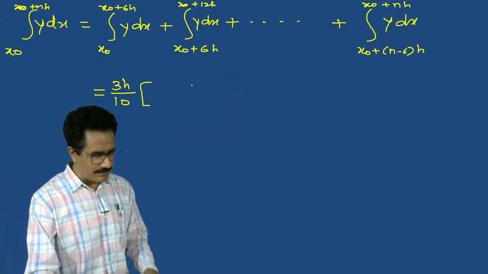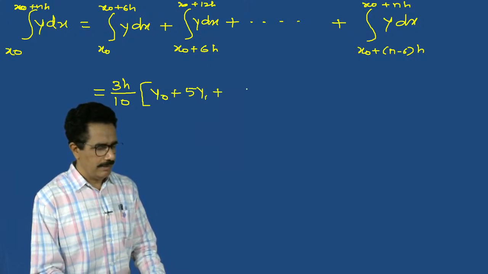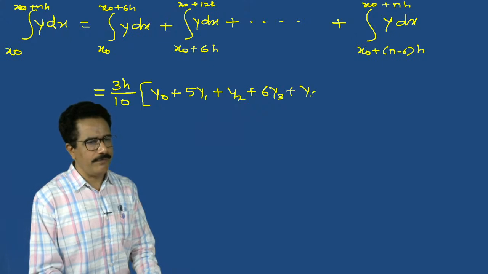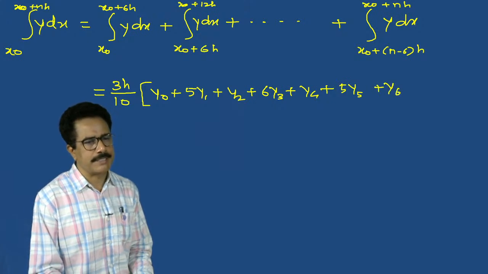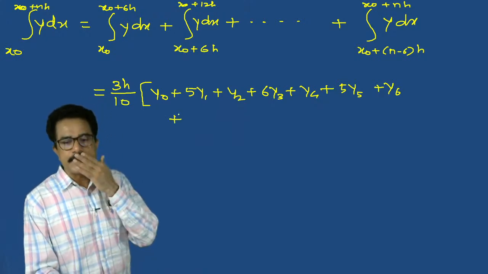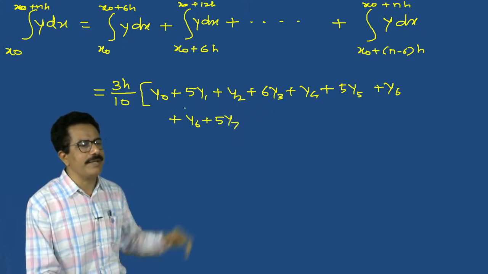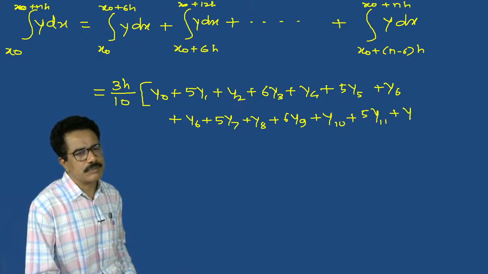Then the remaining terms are y0 plus 5 times of y1 plus y2 plus 6 times of y3 plus y4 plus 5 times of y5 plus y6, plus again the second term, y6 plus 5 times of y7 plus y8 plus 6 times of y9 plus y10 plus 5 times of y11 plus y12.